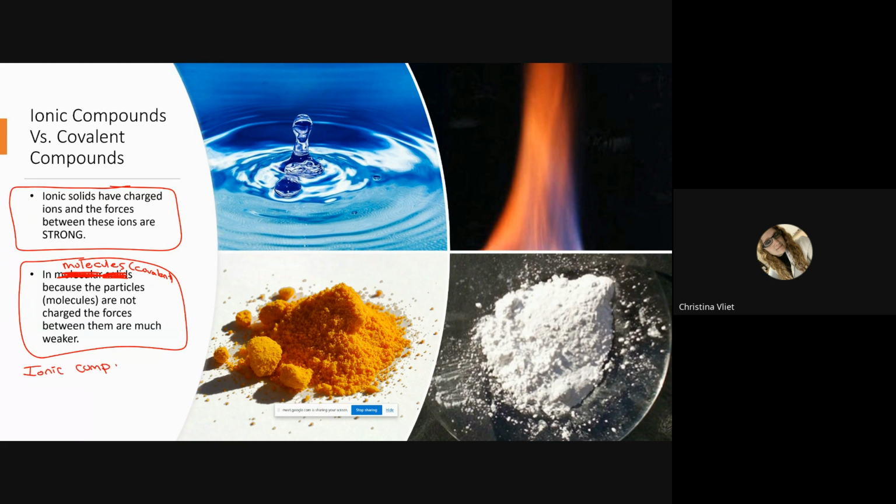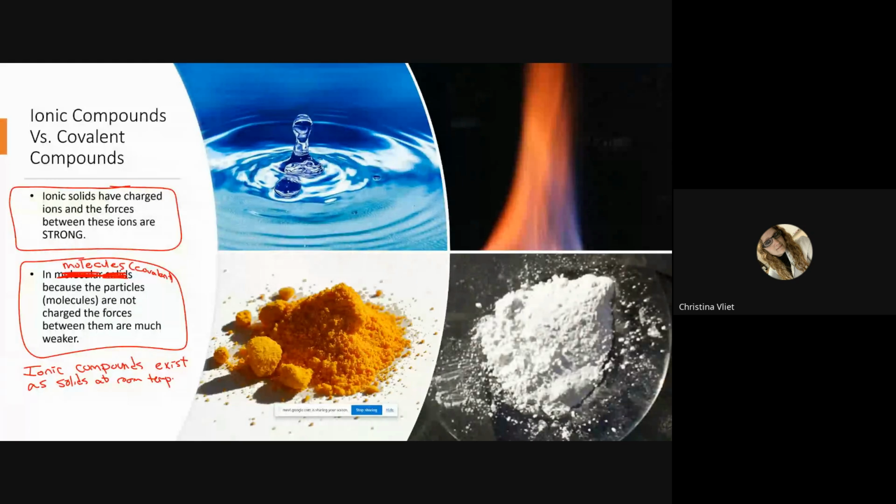So all this is to say that ionic compounds have strong forces that hold them together, so they exist as solids at room temperature. Always. All ionic compounds exist as solids at room temperature. They all are salts. They all look like salt. They might have different colors, but they're all salts.